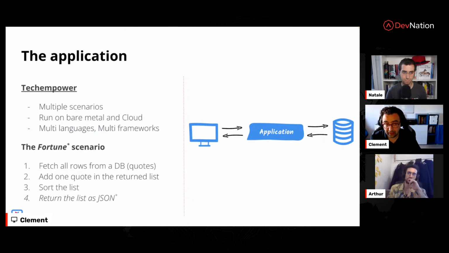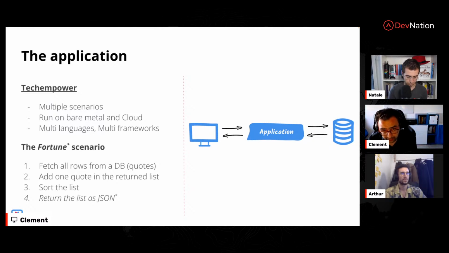For this, we have done a benchmark, but because we didn't want to implement yet another benchmark, which would probably be broken like most of the benchmarks we are seeing, we reused TechEmpower. TechEmpower is a neutral benchmark where you can find a lot of different languages and frameworks competing.